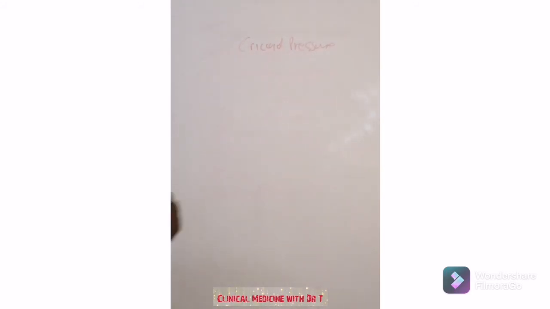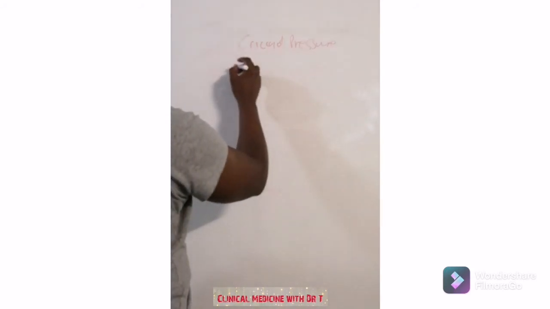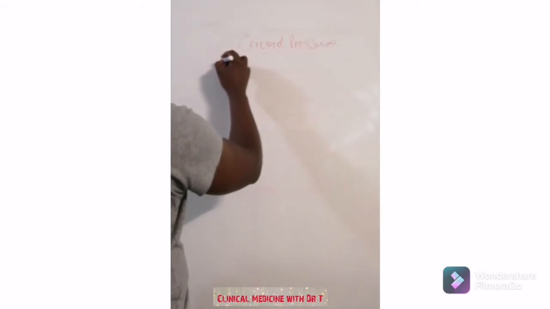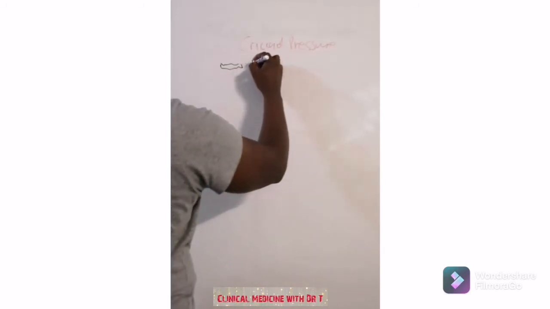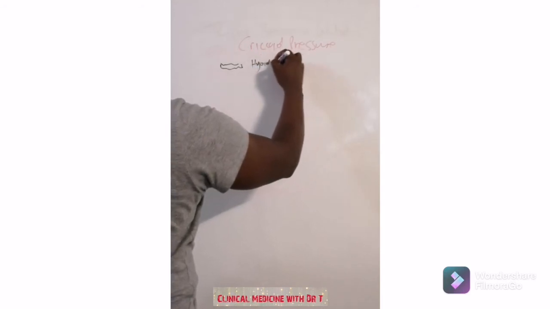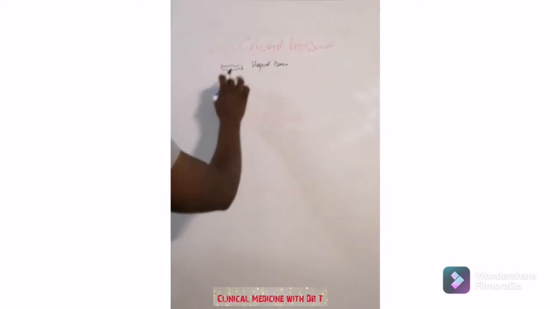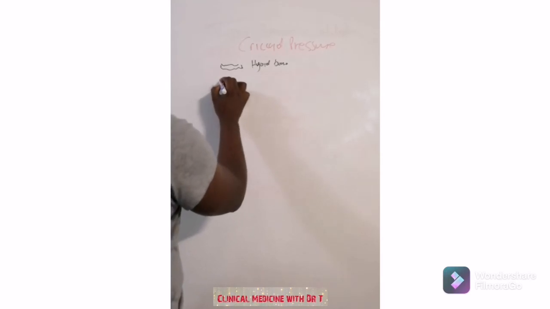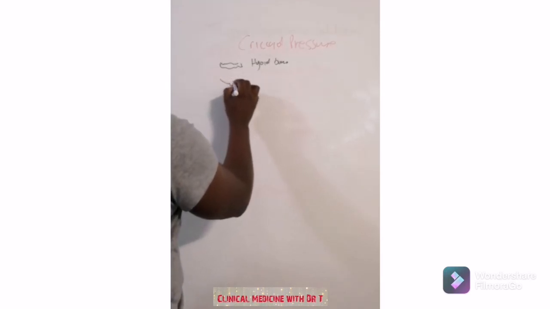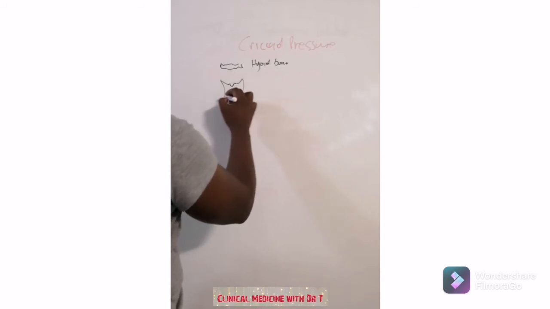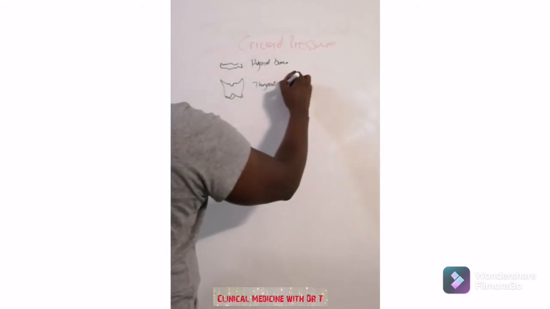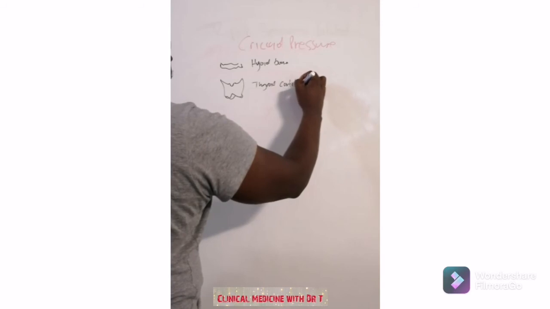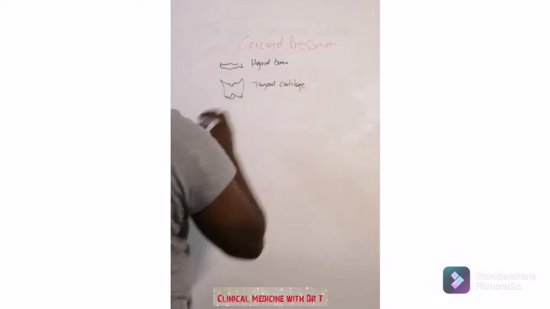In the neck, we have what they call a hyoid bone, and below that we have a cartilage, called the thyroid cartilage.